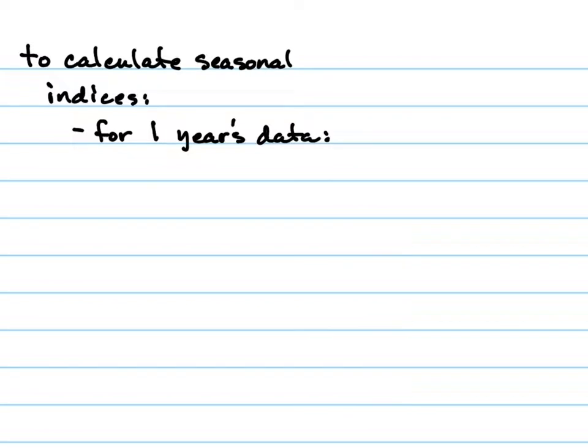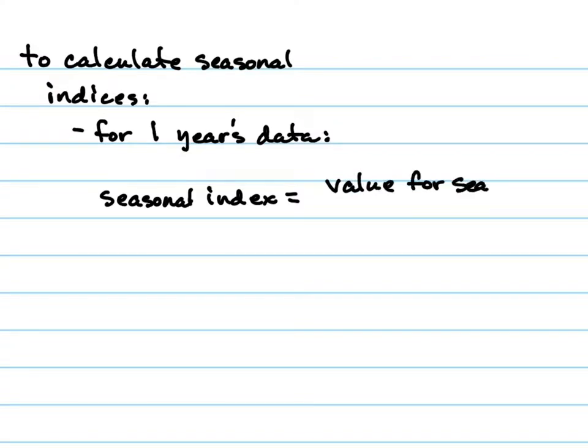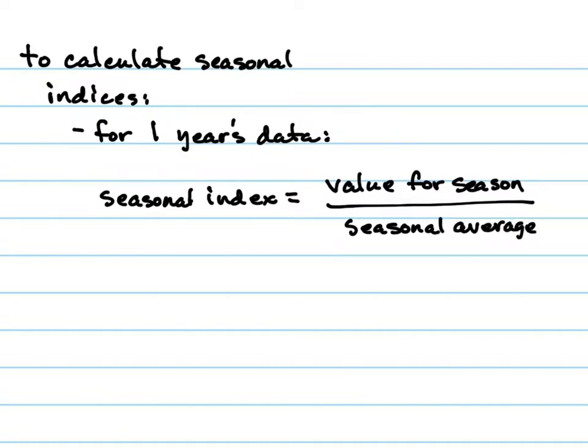The seasonal index is simply found by taking the value for the season and then dividing that by the seasonal average. Now again, an average is just a mean, right? You're just dividing it. Okay?